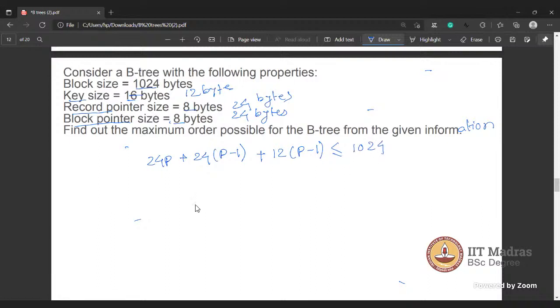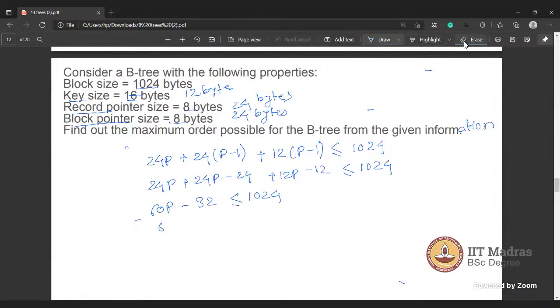Okay. So 24p plus 24p minus 24 plus 12p minus 12 less than or equal to 1024. So 48 plus 12, so 60p minus 36 less than or equal to 1024.